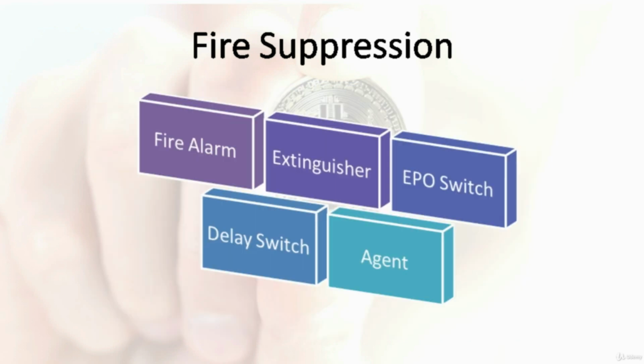So now let us go over the major components of the suppression system. And there are 5 components in general, which is the fire alarm, extinguisher, EPO switch, delay switch, and the agent. The detection system is intended to determine whether a real fire has begun or just a false trip. And to prevent false alarm, the detection system should detect both smoke and heat.